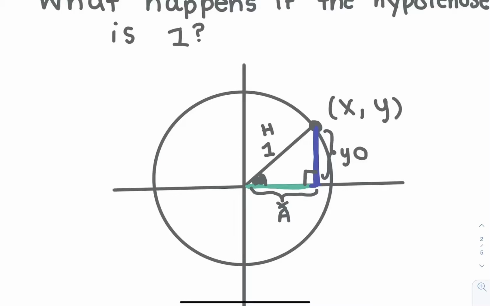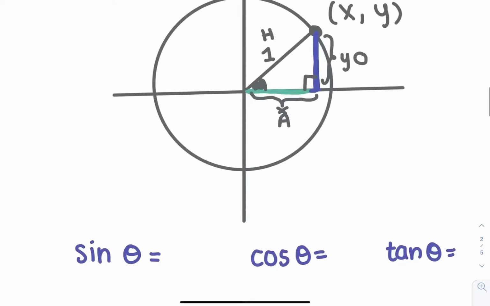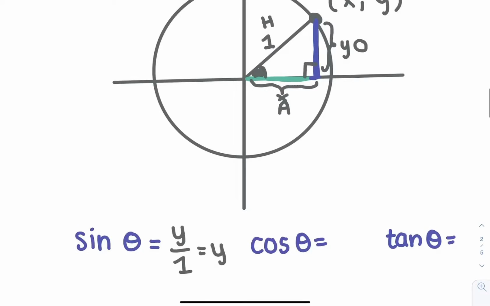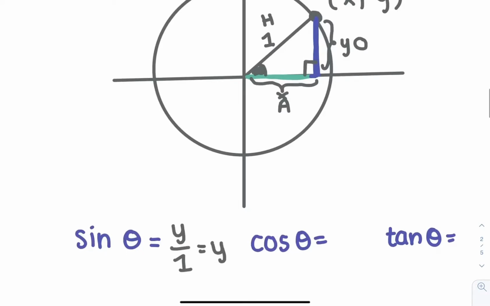If this happens, then we realize sine, which is normally opposite over hypotenuse, now becomes y over 1, or just y. Our cosine, which is normally adjacent over hypotenuse, becomes x over 1, or just x. And lastly, our tangent, which is normally sine over cosine, would become y over x.